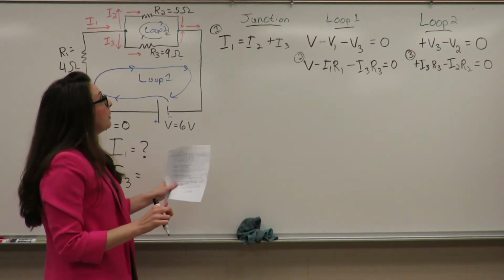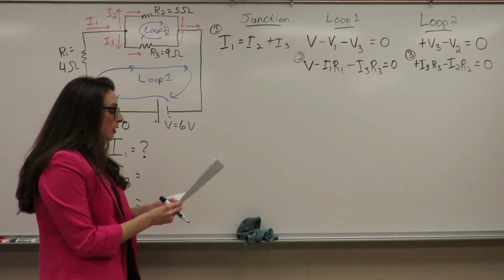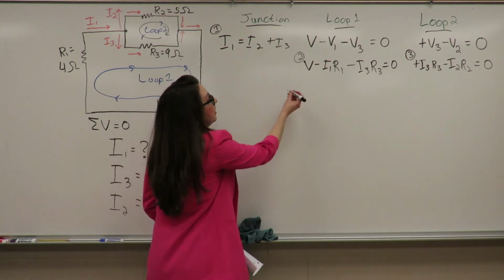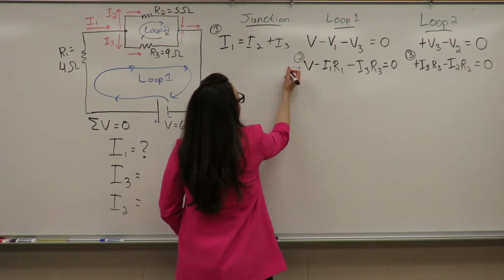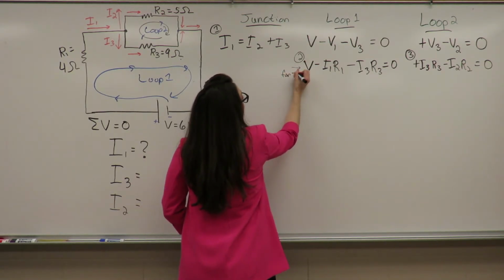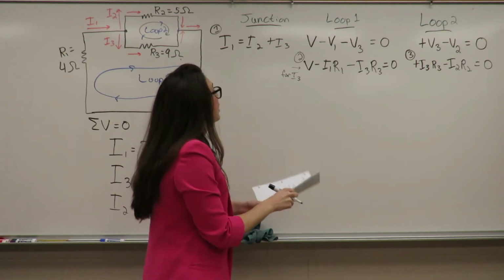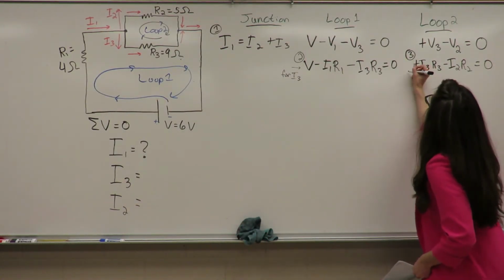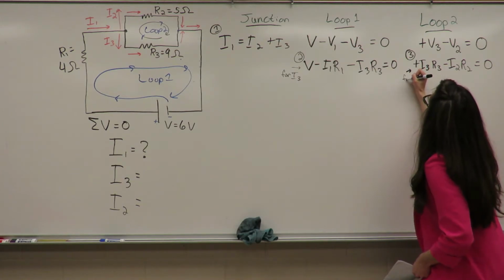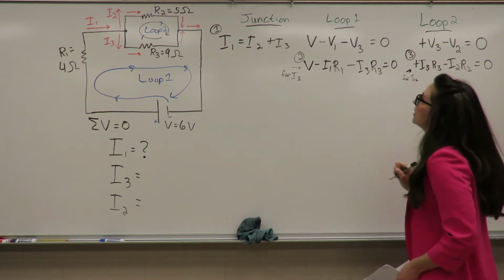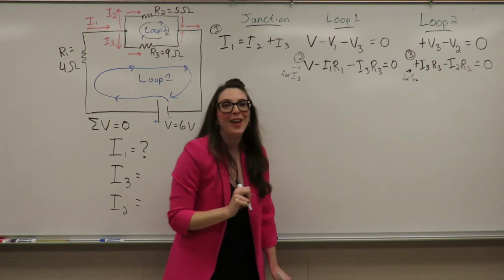And what we're going to do is solve this second equation right here for I3. And then we're going to solve this third equation here for I2. And you'll see why I did that in a minute.